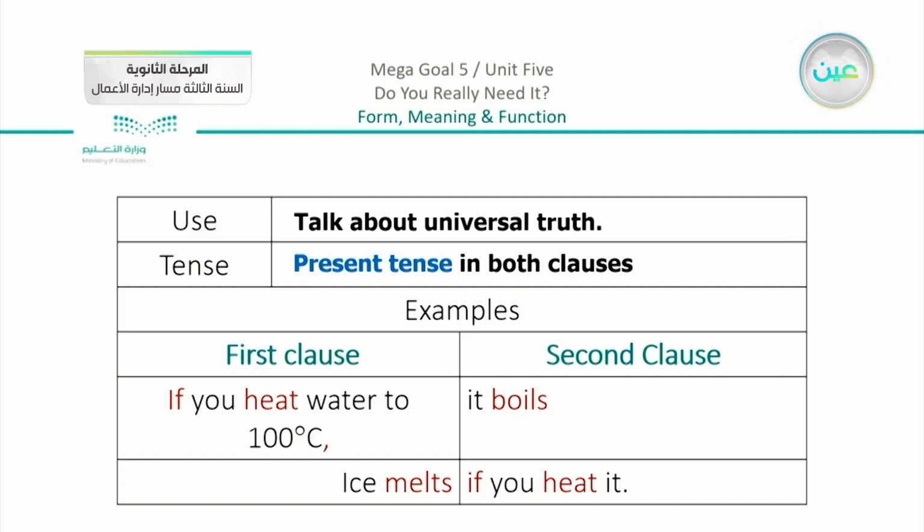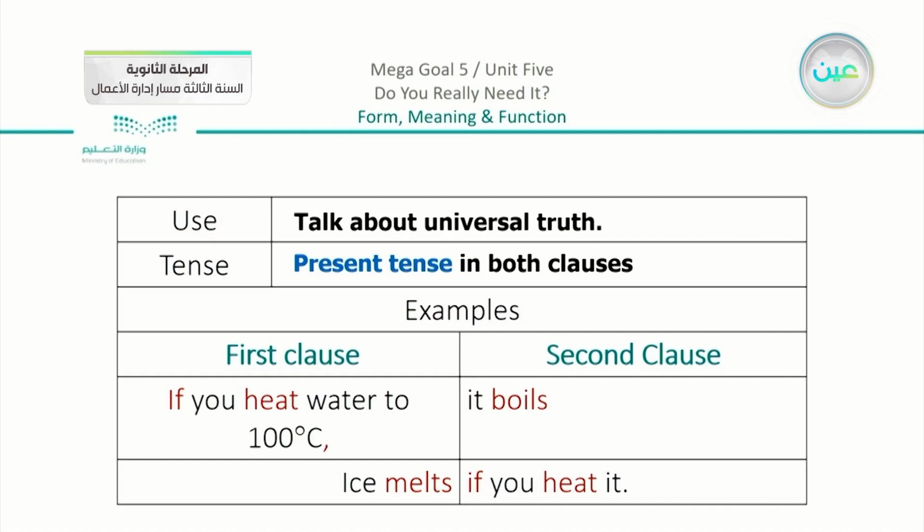You can see that we have the if clause and the main clause, and both of them have the present simple. If you heat, it boils. Depending on the pronoun here, we decide either to add the s or not, but they are still present simple, both of them.